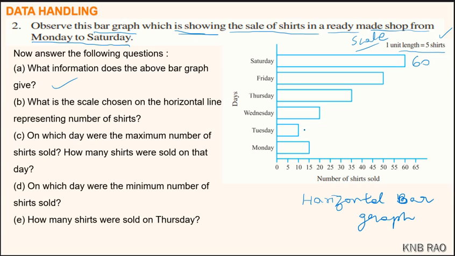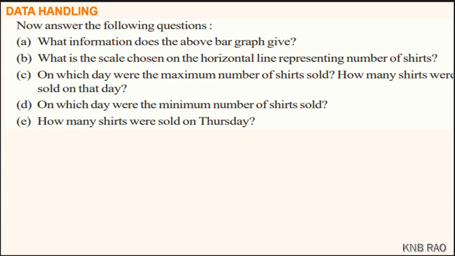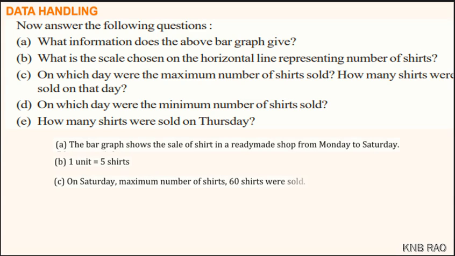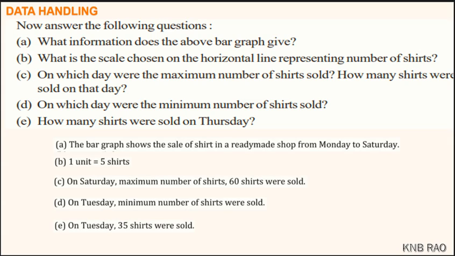Tuesday, and 10 were sold. And how many shirts were sold on Thursday? On Thursday you could see 35 shirts were sold. Now coming to the next question, I have written all these questions with proper answers. You can note them down like this by pausing the screen.